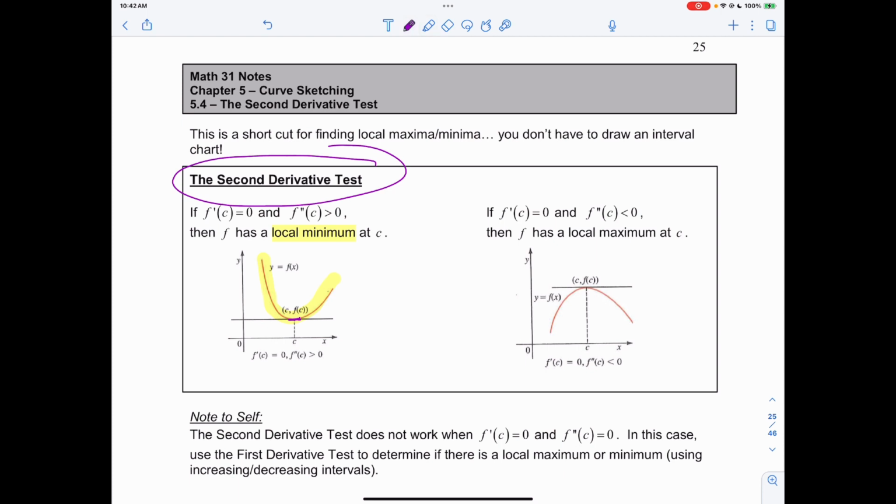If the slope is 0 where it is concave downwards, that's going to give me a local maximum. Now, when we use the term f at c, c is our critical number.